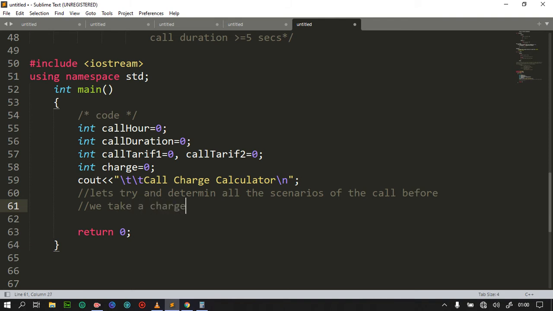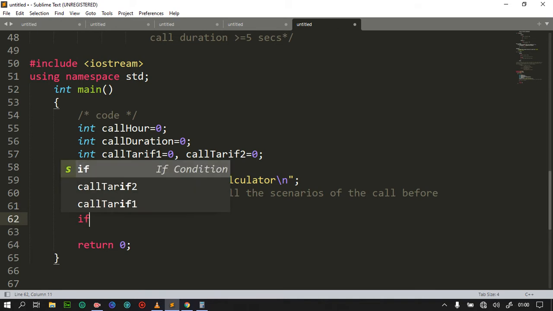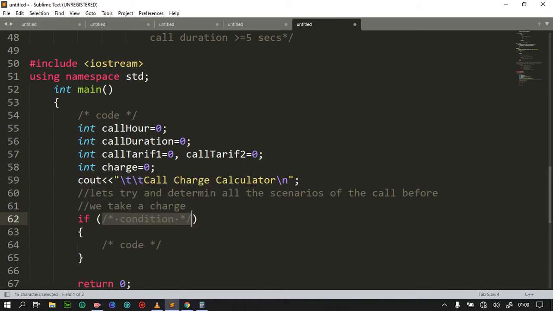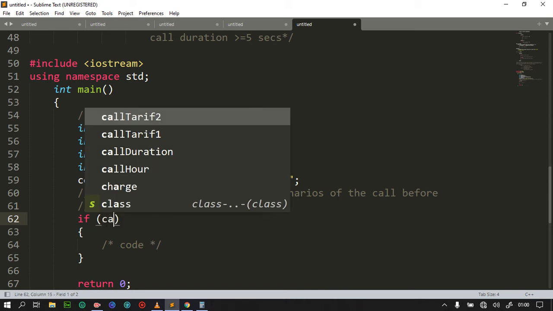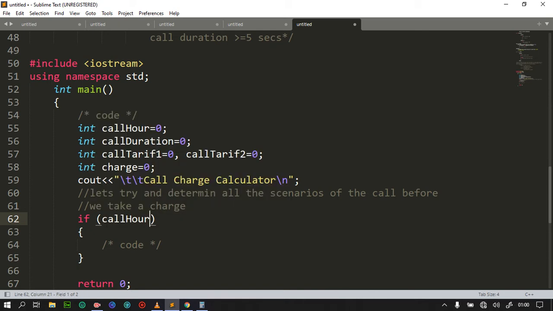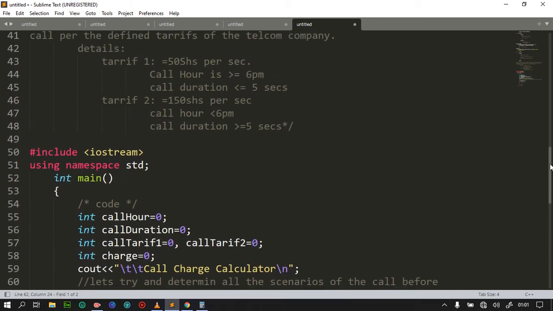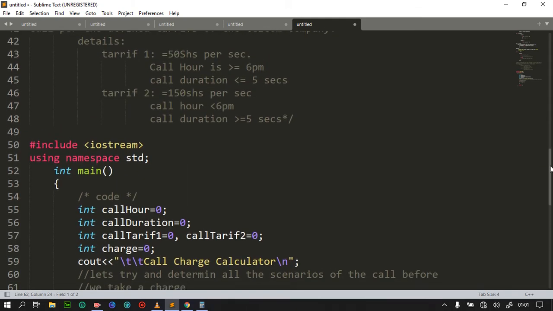Okay, so what is going to happen? I'm going to say if call hour is less or equal to 5, definitely I'm following what we have up here.